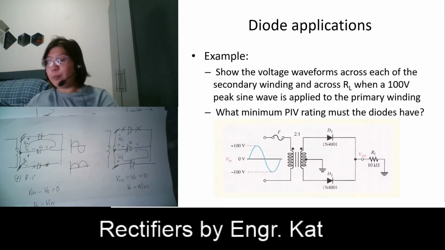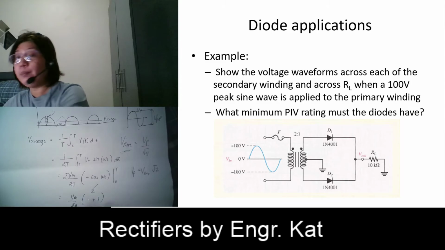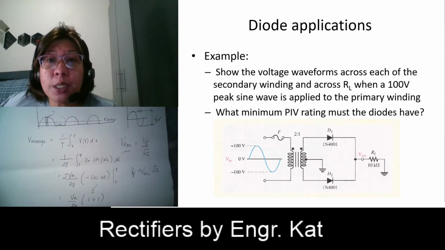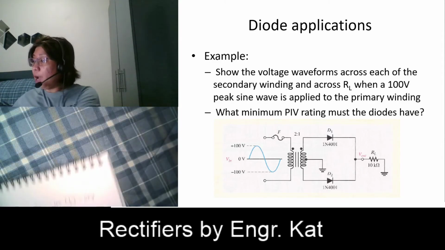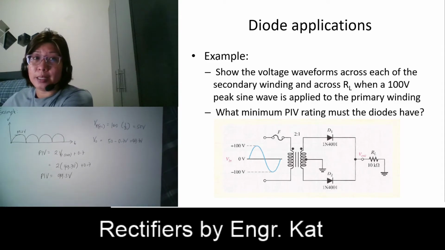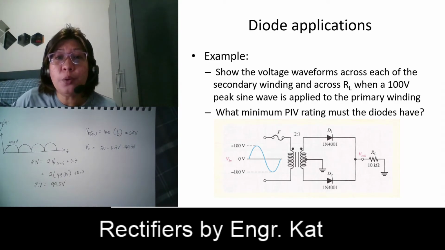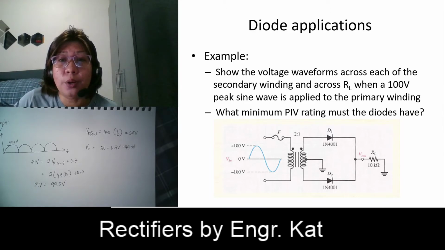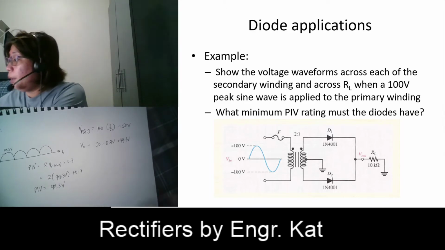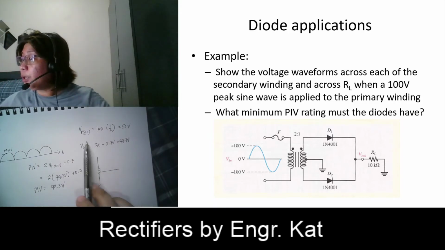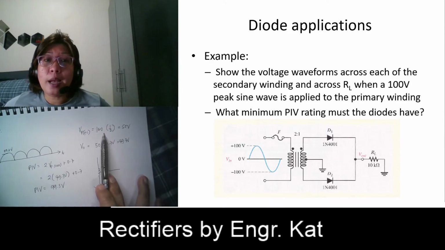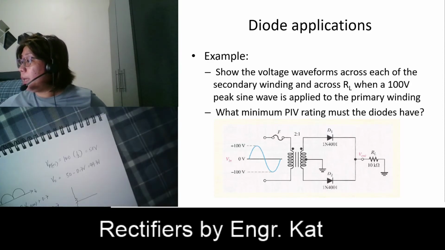So we have here an example. It says here, show the voltage waveforms across each of the secondary winding and across RL. Okay, so across the secondary winding, class, the secondary winding here, so if we have your half wave, your secondary is 100 multiplied by 1/2.